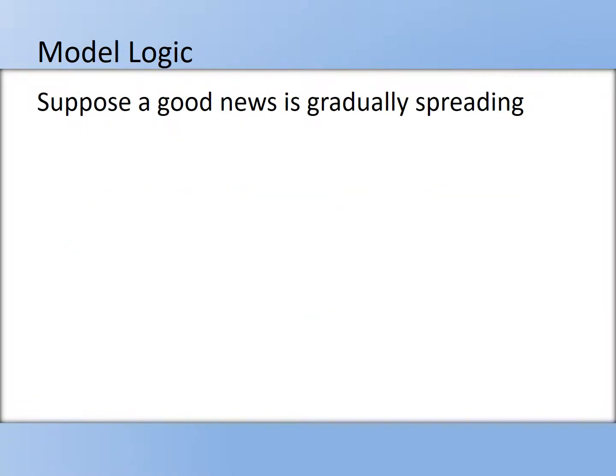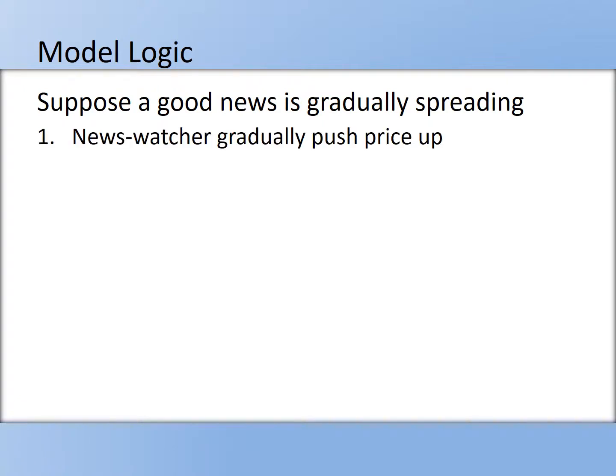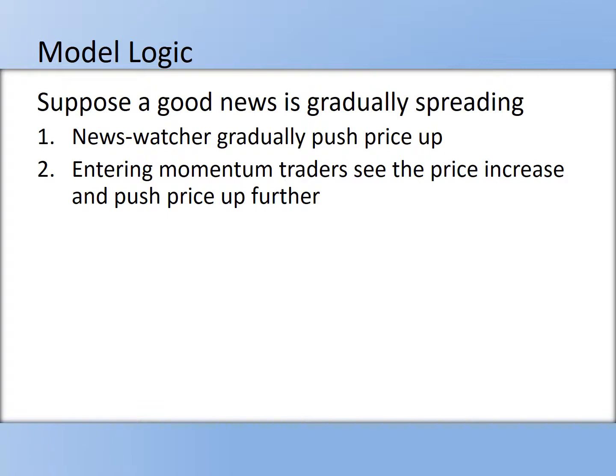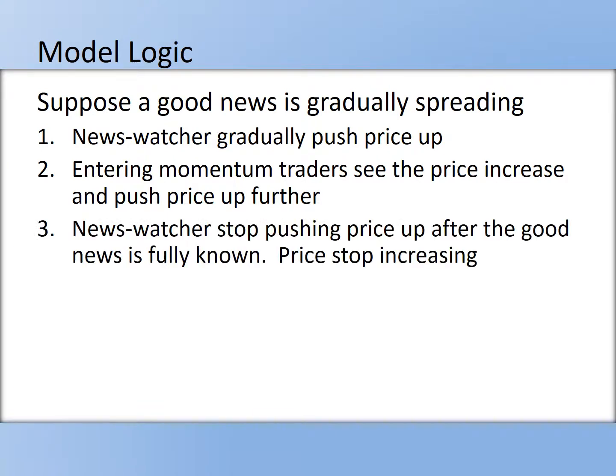Right. So here is how the model should be drawn. To draw the model, first we need news watchers gradually pushing price up. Second, the momentum traders see the price increasing and push the price up further. Third, news watchers stop pushing price up after the good news is fully known. So at that point, the price should become stable.